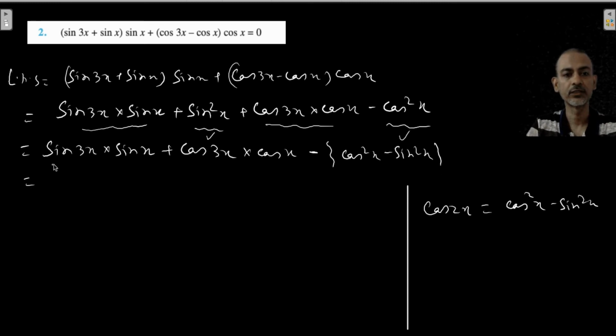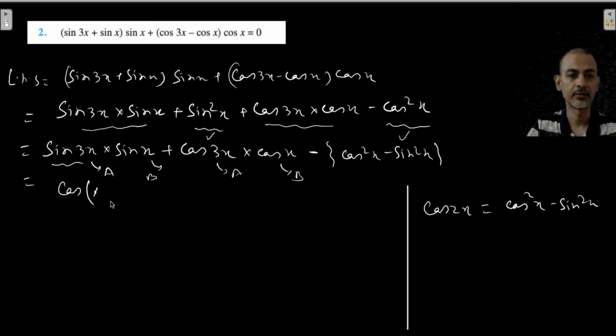Now again look at this one. If I take this as A, take this as B, this becomes A, this becomes B. And this is the formula of sin A into sin B plus cos A into cos B. So basically this is nothing but the formula of cos of A minus B. So cos of A minus B would be what? Your A is 3x and B is x, so the formula becomes cos of 3x minus x, and then this will become minus of cos 2x from here.